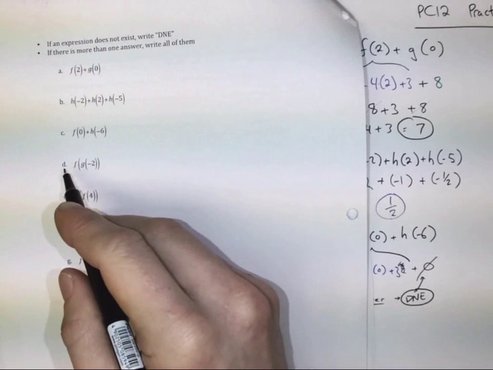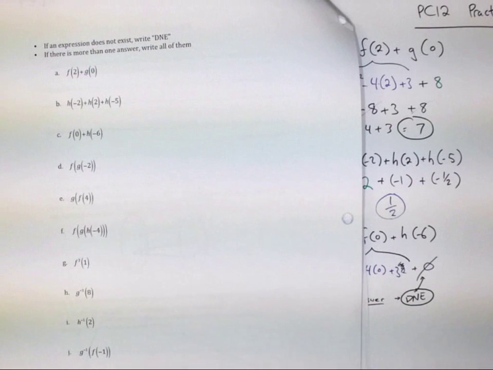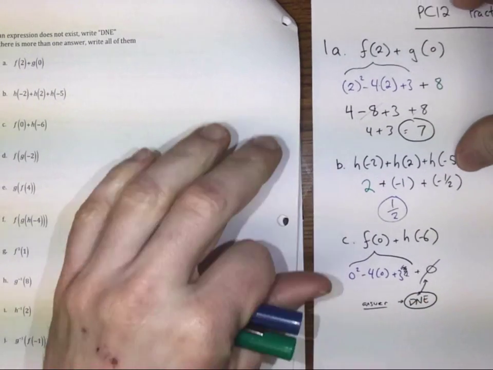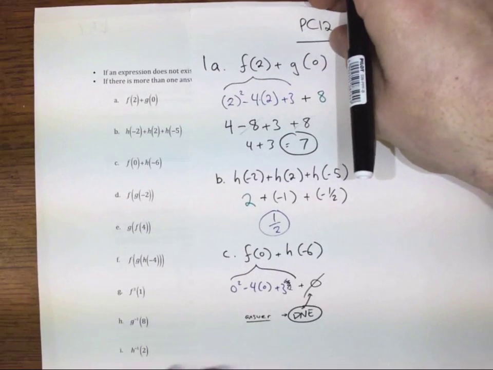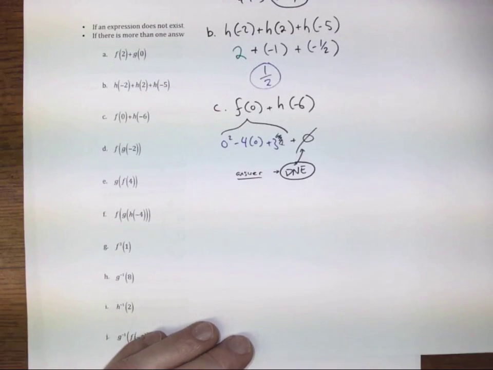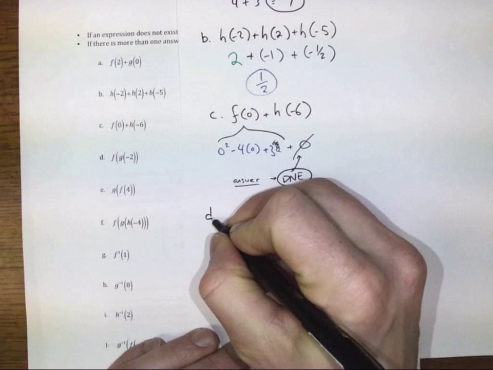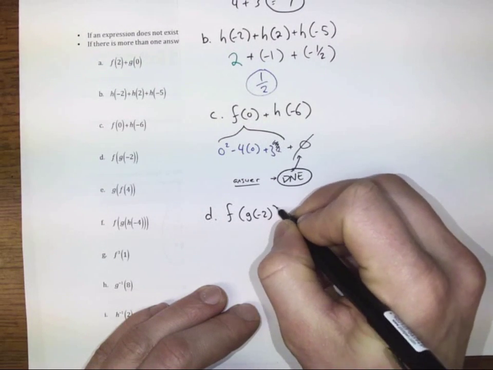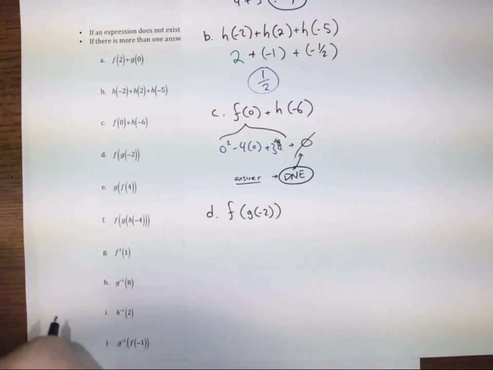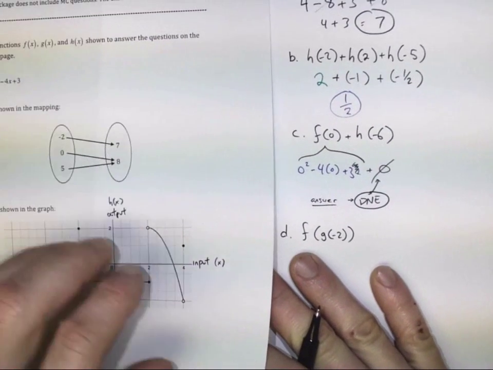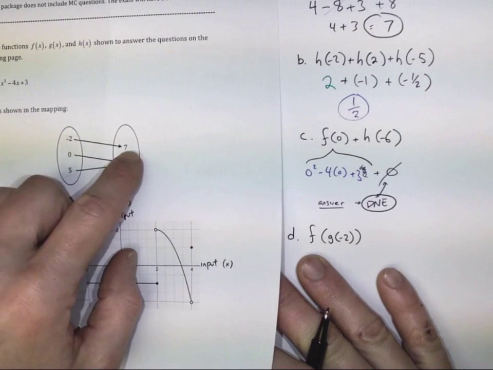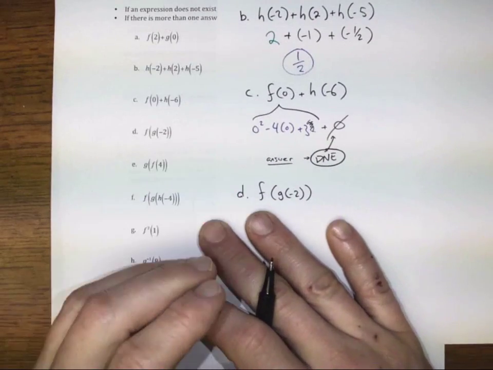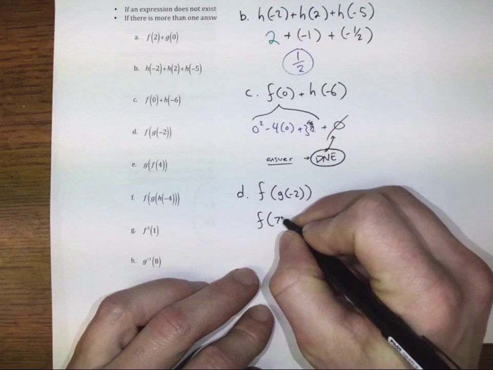So we need d, for d rather. Maybe I can paste this over like that a little bit. All right, that's not bad. So for d, we've got f of g of negative 2. Okay, so I need my g function of negative 2. It looks like g of negative 2 leads to 7. So that's like saying I really want f of 7.